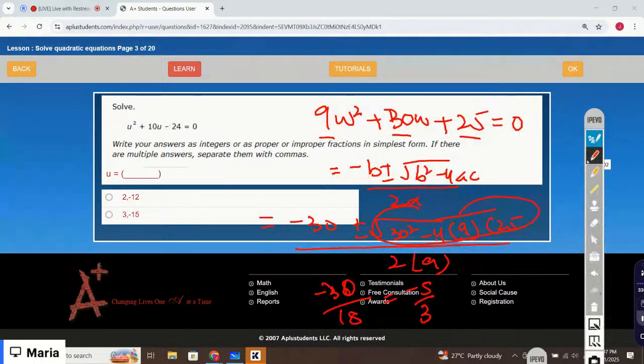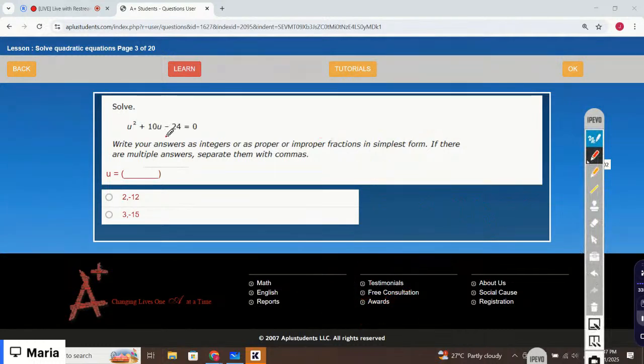So we need to find two numbers that when multiplied make negative 24 and when added make 10. That is 6 times 4.